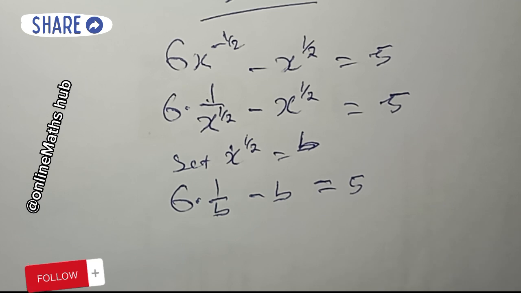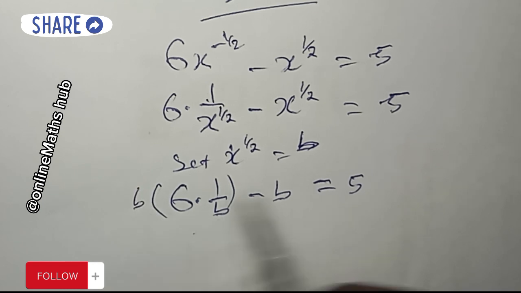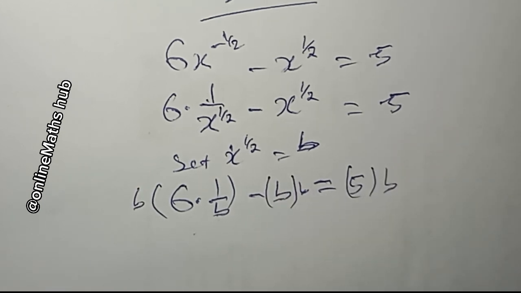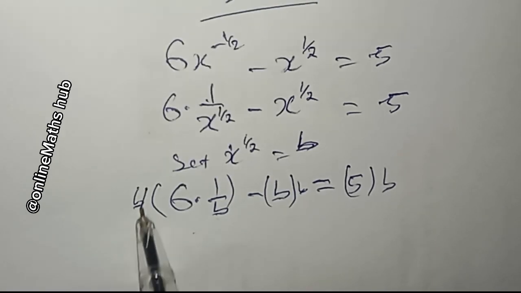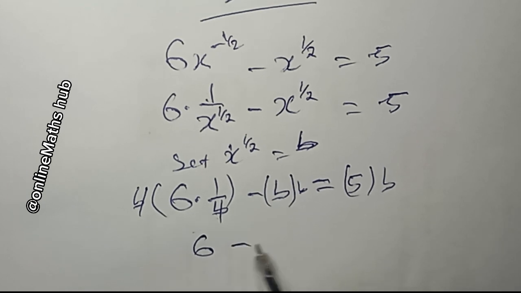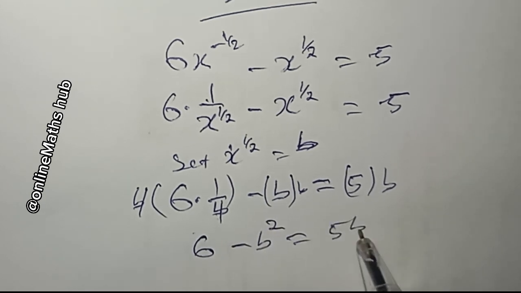So I will multiply through by b so that I can eliminate this fraction. If I do that, I'm going to have this one multiplied by b, this one multiplied by b, and this one also multiplied by b, so that this is going to cancel this, and then I have 6 over here minus b squared is equal to 5b.